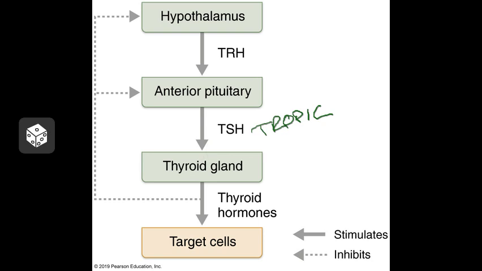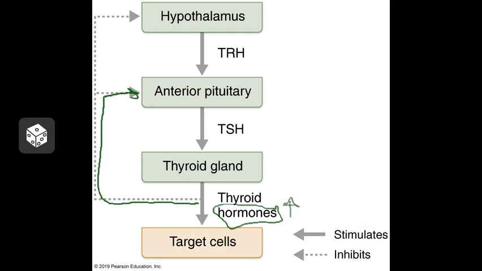The thyroid gland will secrete thyroid hormones into the bloodstream, travels to target cells. Some will stimulate, some will inhibit. But one thing that you will see is when there is an increase in one of these hormones, there is a humoral effect feeding back to the organs higher up in the chain. So as there is an increase here, there will be inhibition here.